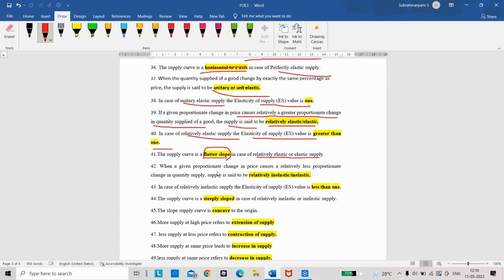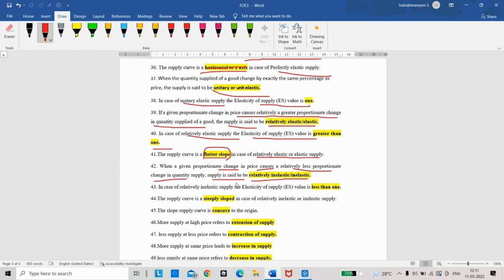When a given proportionate change in the price causes a relatively smaller proportionate change in quantity supplied, supply is said to be relatively inelastic or inelastic. That means a greater percentage change in the price level leads to a lesser percentage change in the quantity supplied.